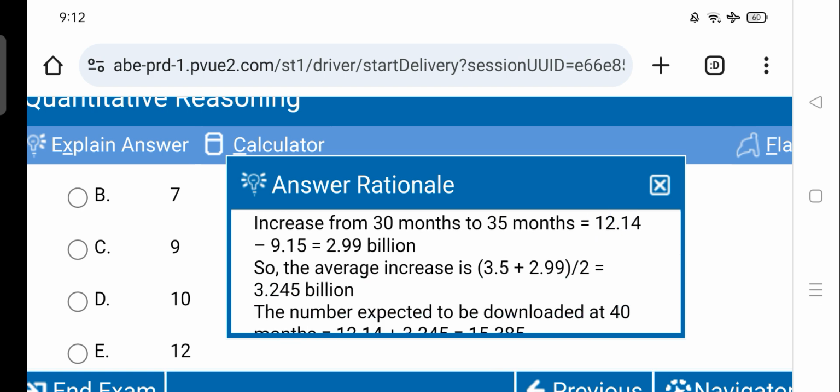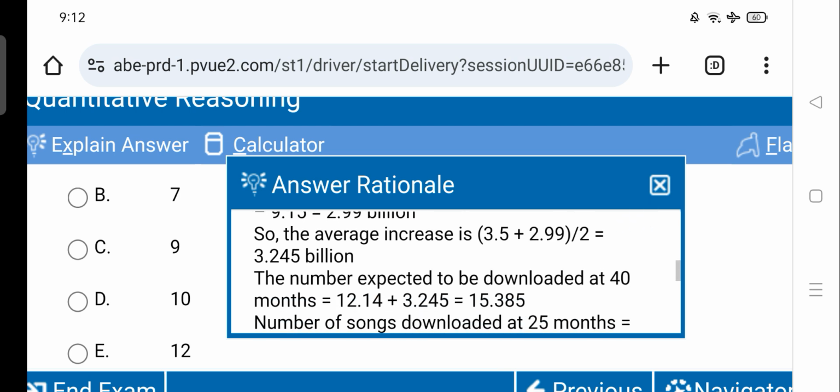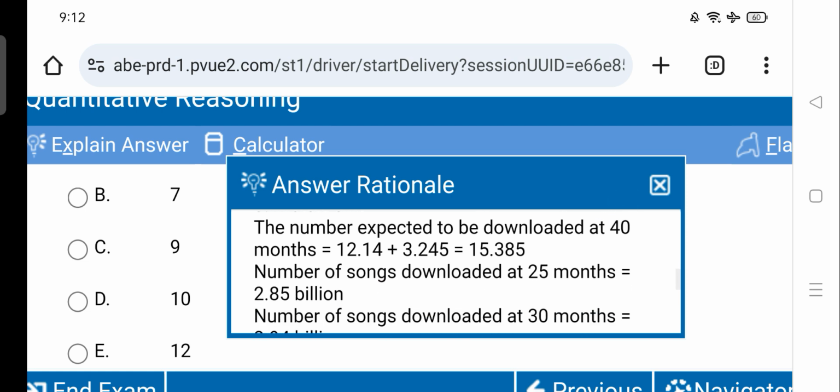So the average increase is 3.5 plus 2.99 divided by 2 equals 3.245 billion. The number expected to be downloaded at 40 months equals 12.14 plus 3.245 equals 15.385.